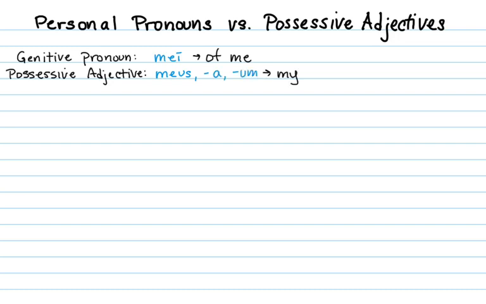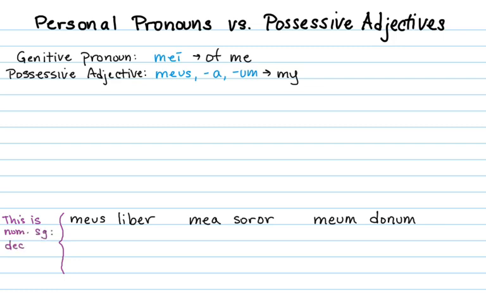It's a regular 2-1-2 adjective and declines as such. So meus liber, my book, mea soror, my sister, and meum donum, my gift. Here I'm giving you only the nominative singular of each of the three genders. You should know that these decline in all cases, singular and plural, as is appropriate to the use of the noun and adjective in the sentence.